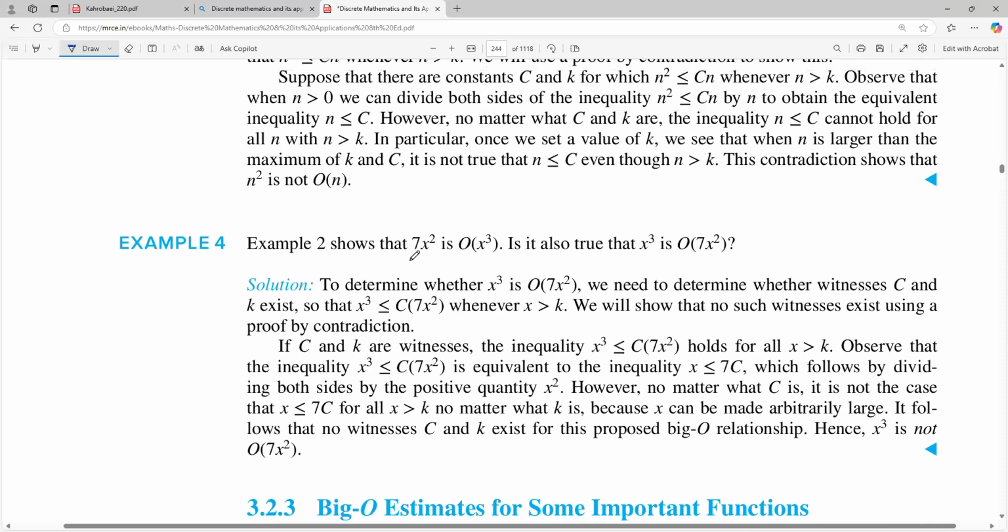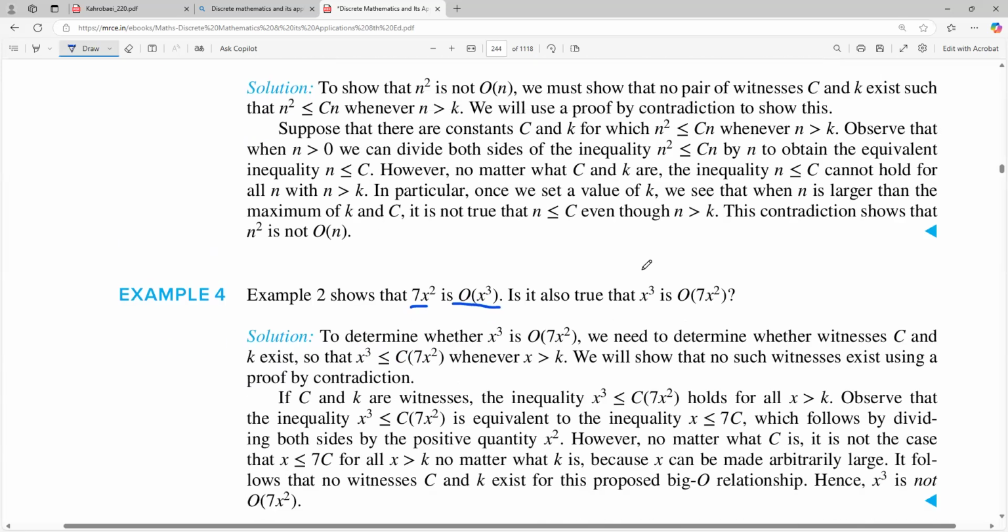We want to show that 7x squared is big O of x cubed. Okay, so let's prove this first part: 7x squared is big O of x cubed. Pretend you can't see the solution.